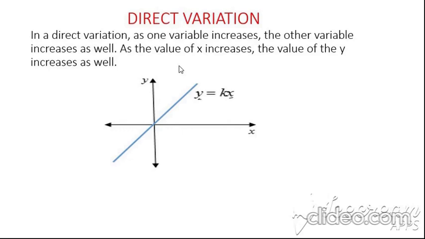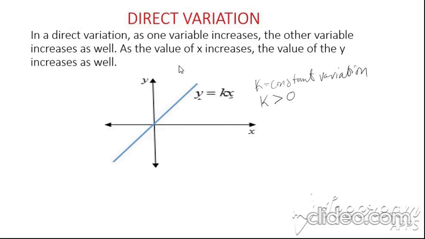Therefore the graph is a straight line like this, where y and x are variables, while k is the constant of variation, where k should be greater than 0.